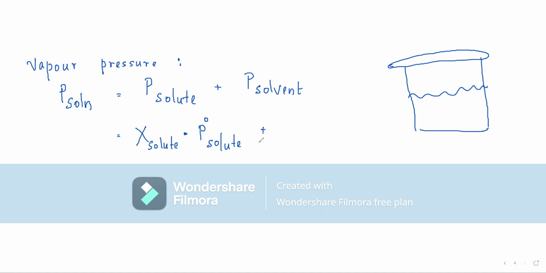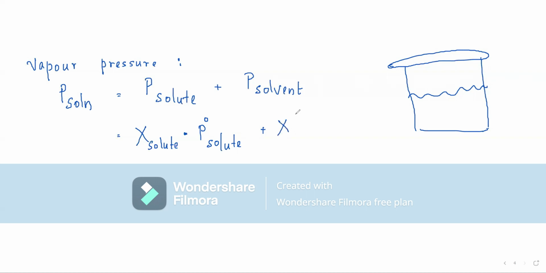Suppose there are no other components, no other particles present, but just solute alone is present in the container. What will be the pressure due to the solute? That is P naught of solute, the pure vapor pressure due to the solute.